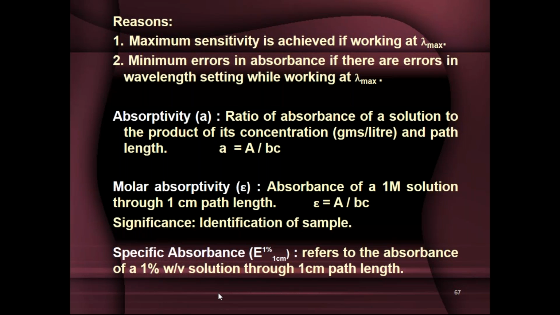So you have a 1% weight by volume solution, that is 1 gram in 100 ml solution, and you have the path length of 1 centimeter. That is, the solution is contained in a cell which has a length of 1 centimeter through which radiation is going to pass. Then the absorbance measured would be called the specific absorbance. So this is another term that is used in spectroscopic studies.